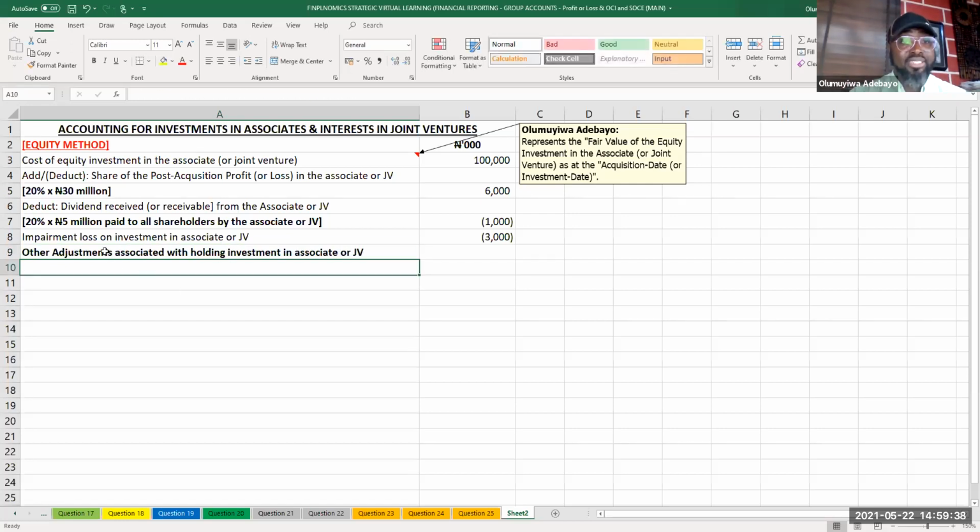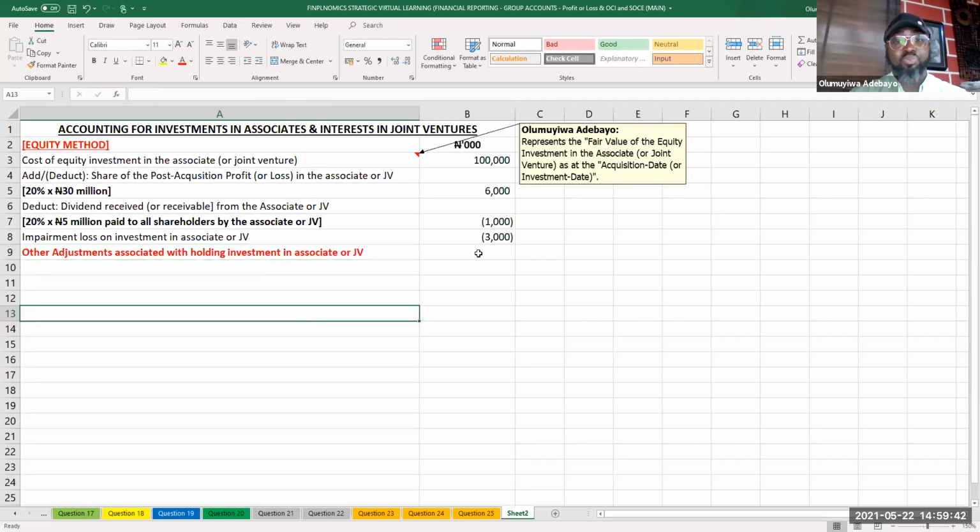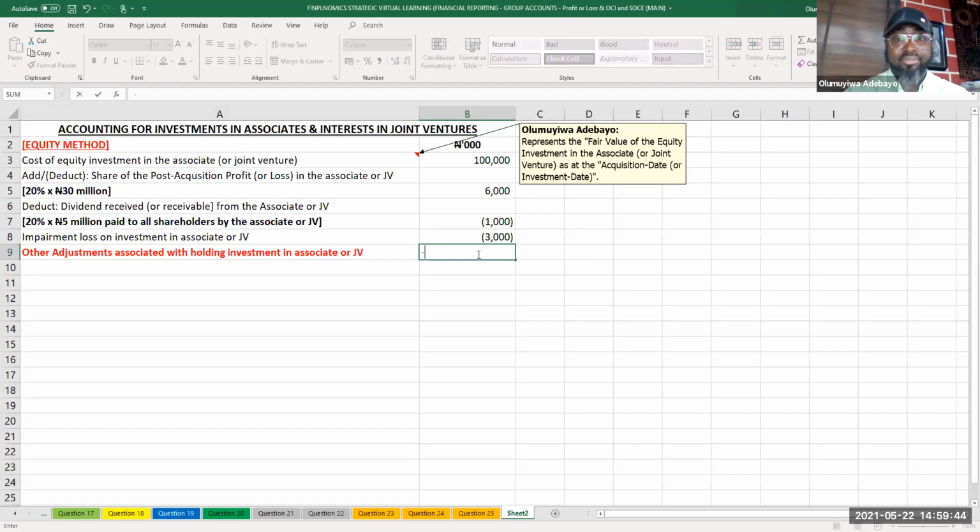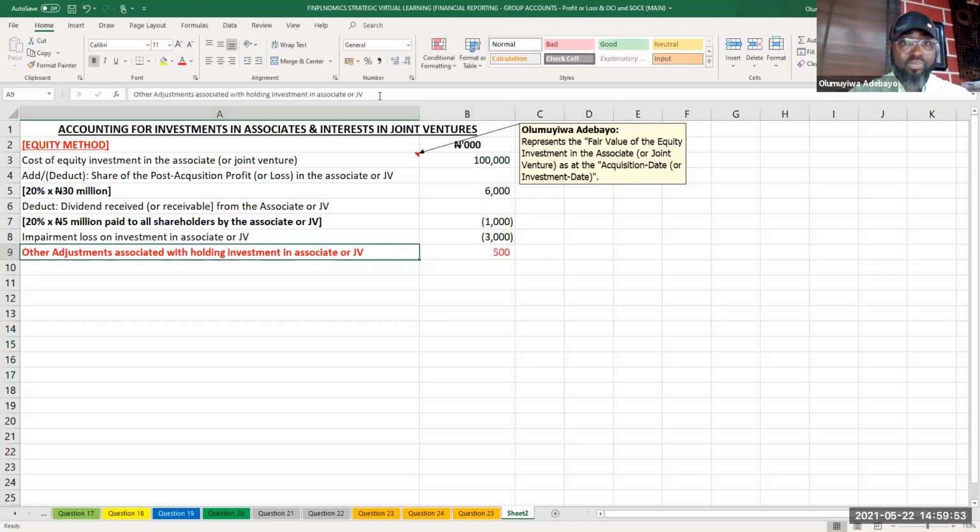And we're going to consider this other adjustment as we move on. If there's any, it could be positive, it could be negative. This is plus or minus.